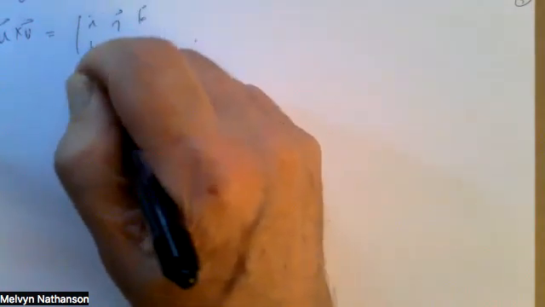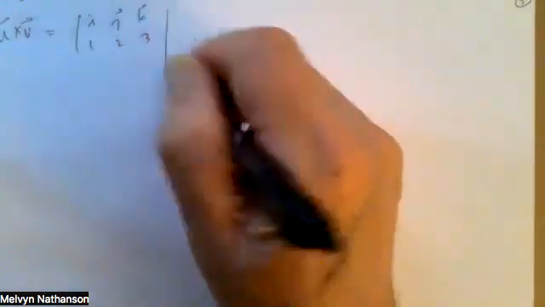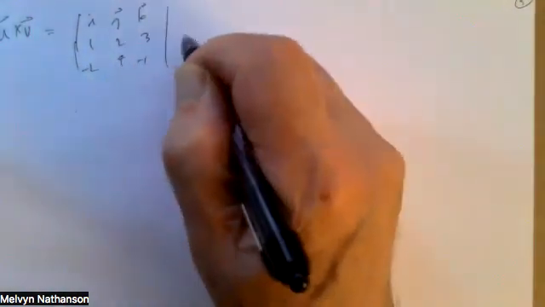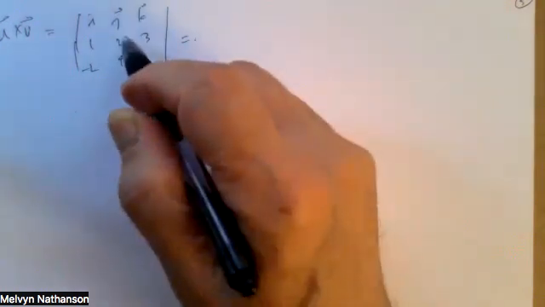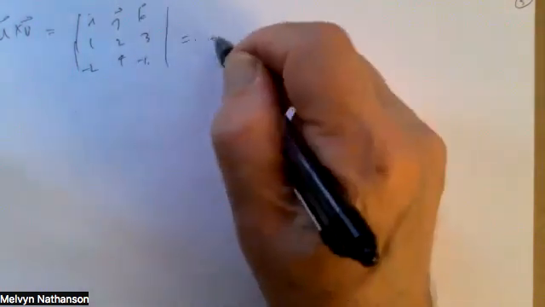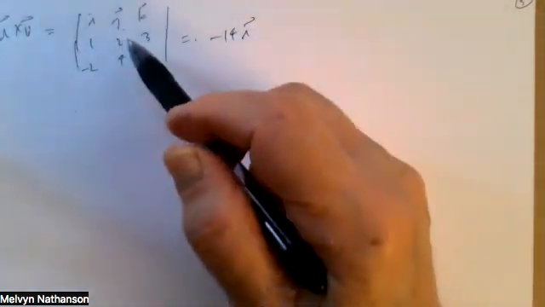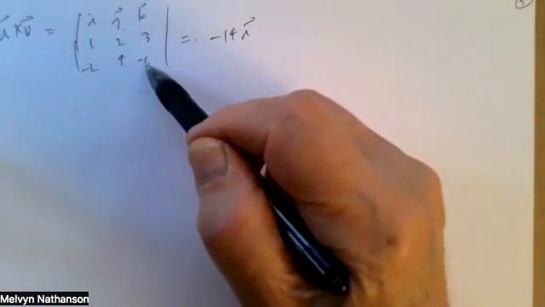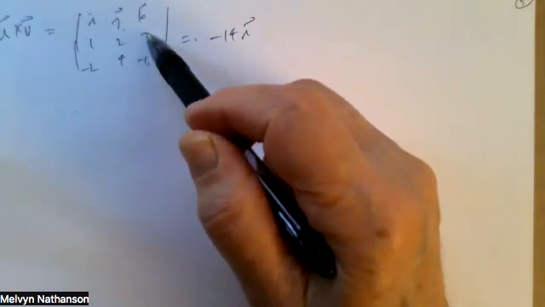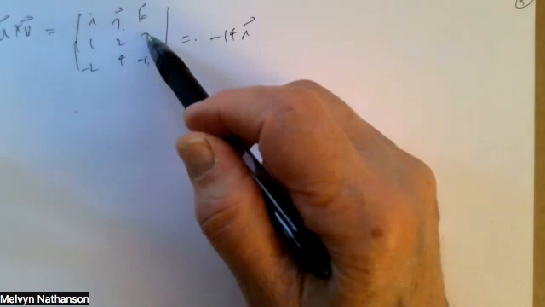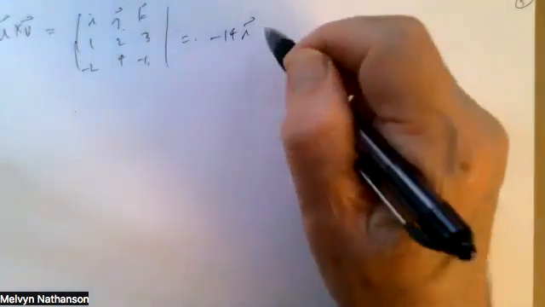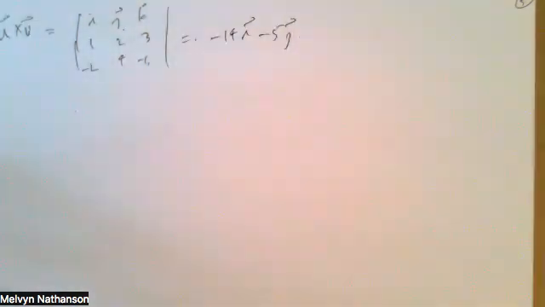So I have the determinant 1, 2, 3, minus 2, 4, minus 1. This is minus 2, minus 12, minus 14i, minus, minus 1 plus 6 is 5, so it's minus 5j.